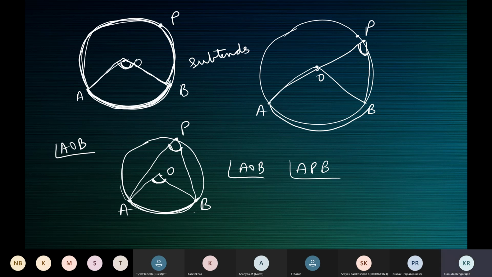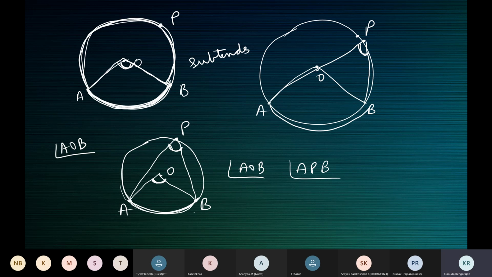Now, if you have to repeat after I complete, angle APB is the angle subtended by the minor arc AB at the point P on the remaining part of the circle. Let me repeat.